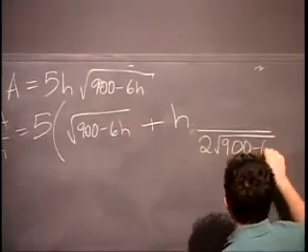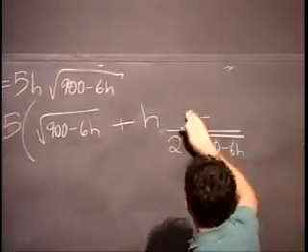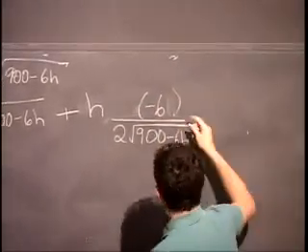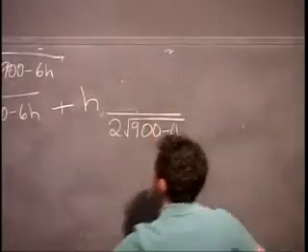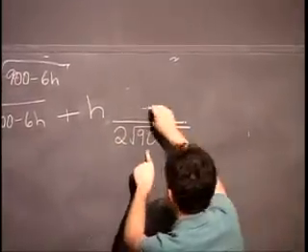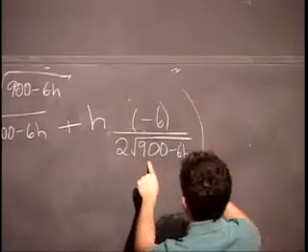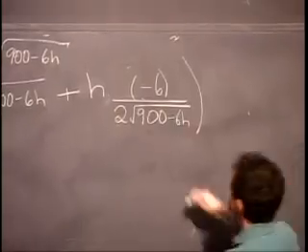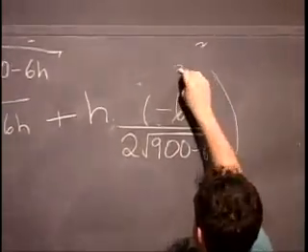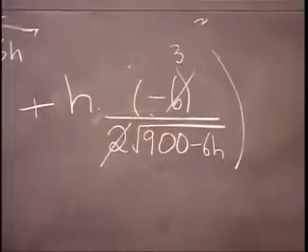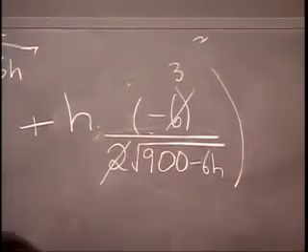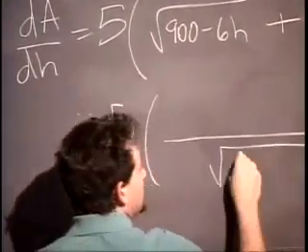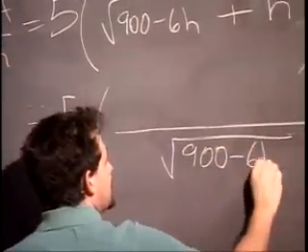Then you have to multiply by the derivative of 900 minus 6h, which is just minus 6. So there's the derivative. Let's simplify it a little bit. First observation, we can cancel out the 6 to a 3 and cancel out the 2. And then we can take a common denominator, which is root 900 minus 6h.